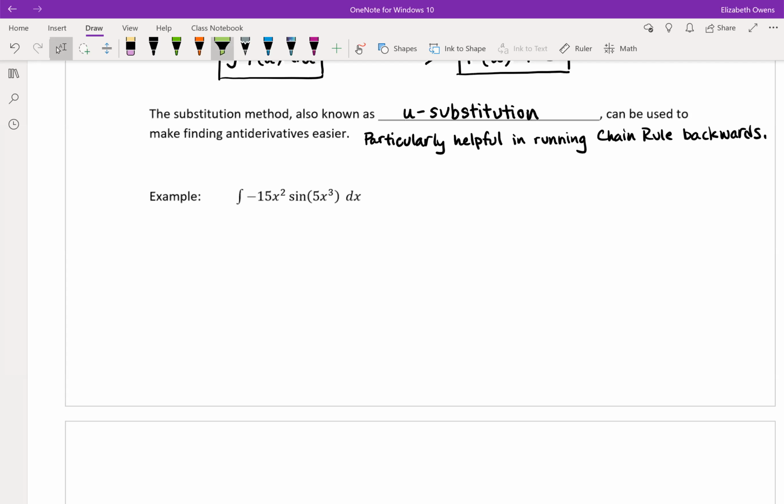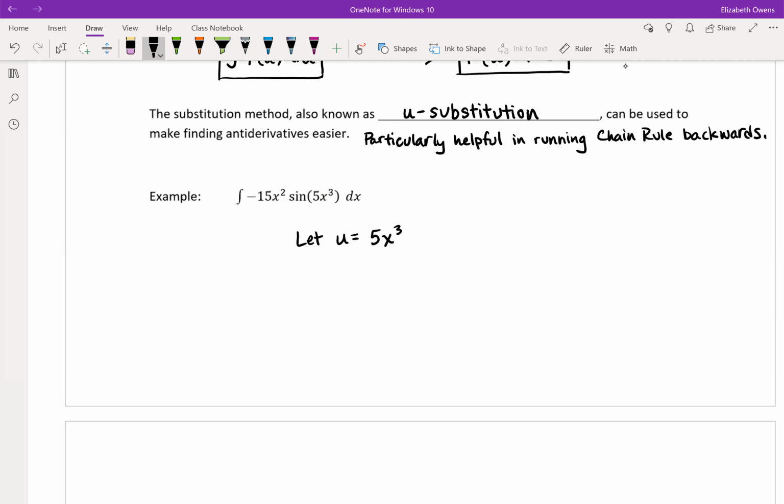What I'm talking about here is this 5x cubed and this 15x squared. 15x squared is actually the derivative of 5x cubed, and that's a tip off that a u substitution might be helpful here. So what we're going to do is let u equal 5x cubed.